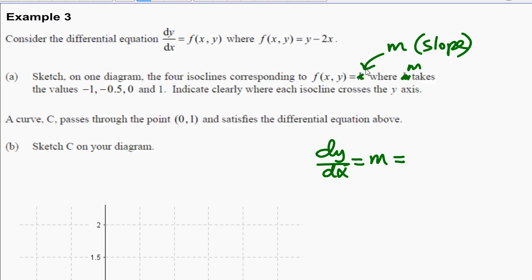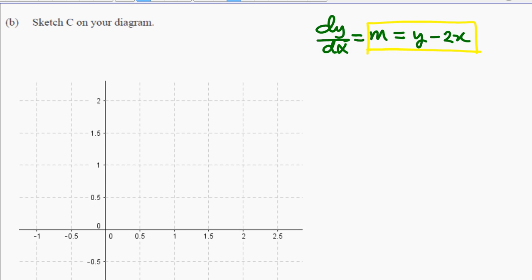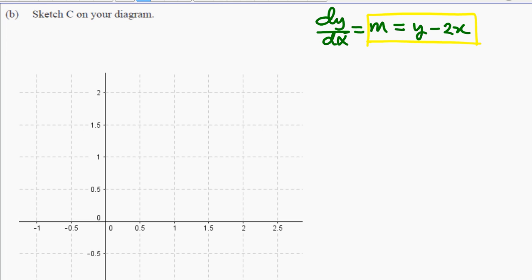And remember, dy over dx is y minus 2x. So we are going to use this equation to find the equations of the isoclines for all these values of M. So we can go ahead and start working out these values. For example, at M equals -1, y will be equal to 2x minus 1.